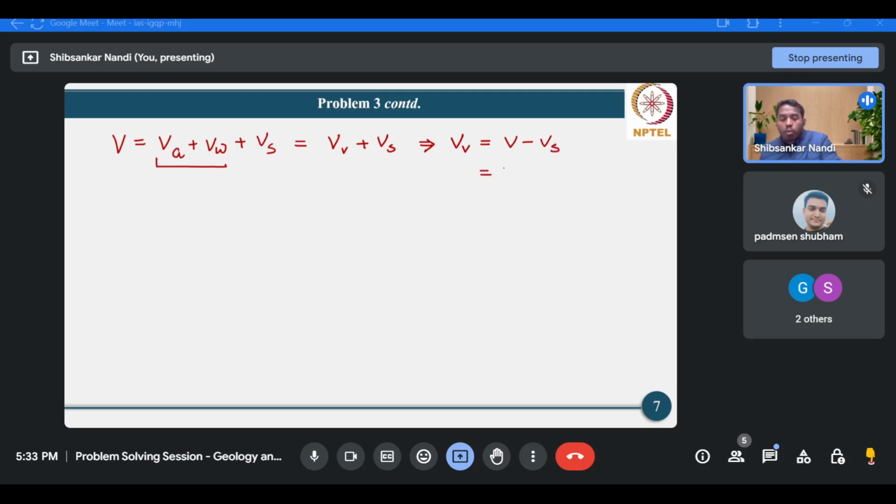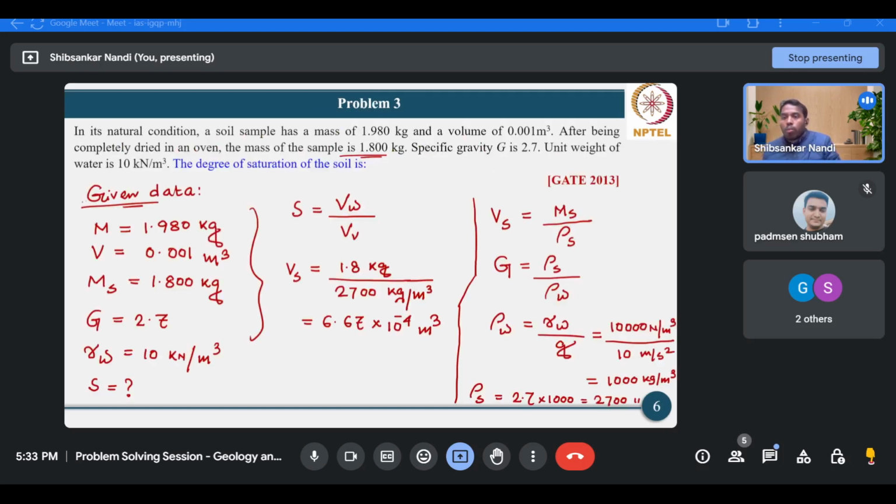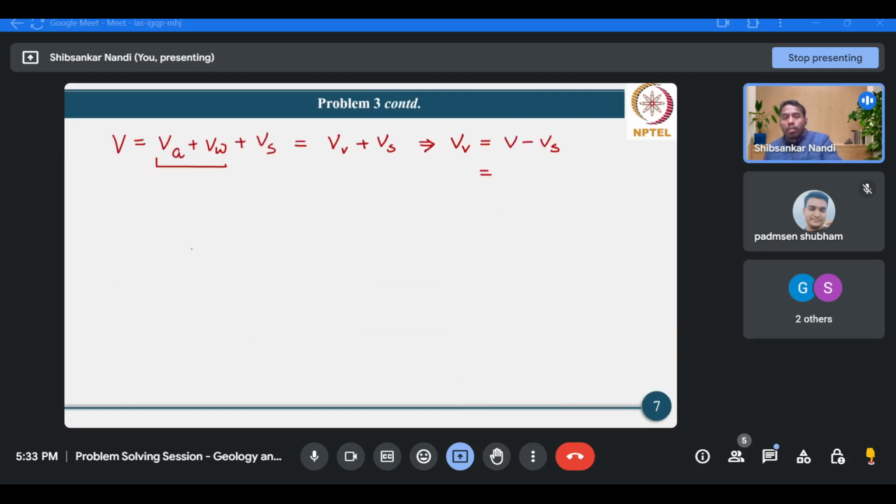The total volume is 0.001, that means 1 into 10 to the power minus 3 meter cube minus 6.67 into 10 to the power minus 4. That means 3.33 into 10 to the power minus 4 meter cube. So this is the value of Vb.